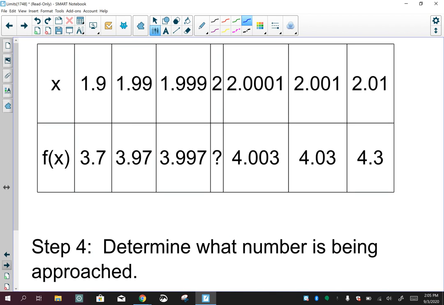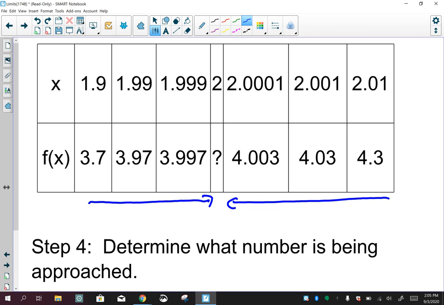Now if you notice, as I approach the number 2, my numbers are getting closer and closer to what number here? Okay, and that's what you want. As long as this happens, that means you have an answer at that specific point, which means your limit exists.